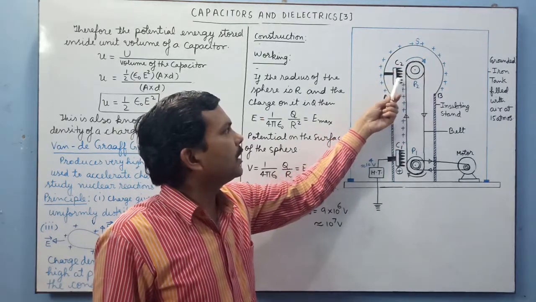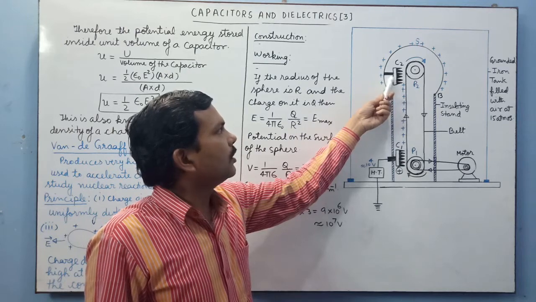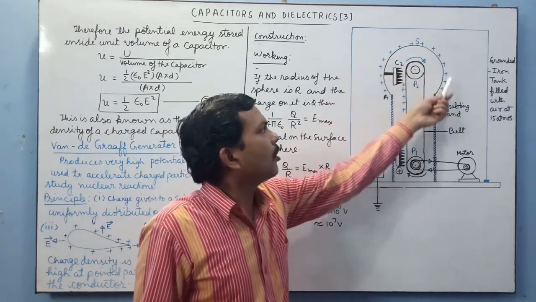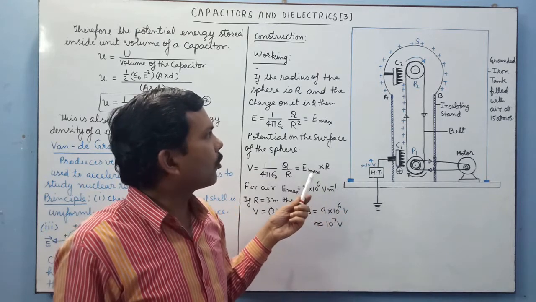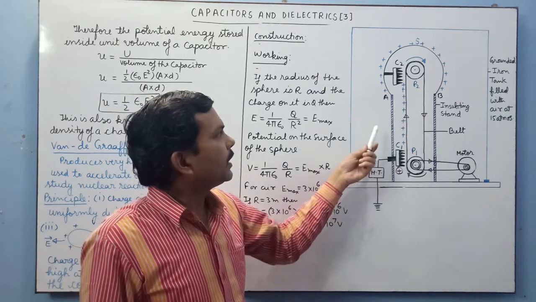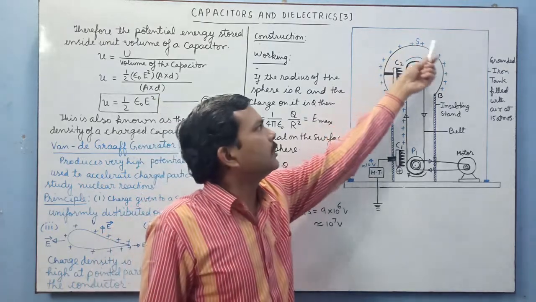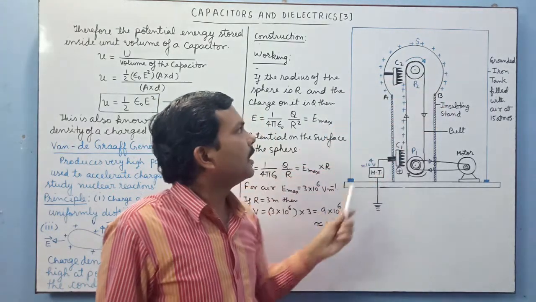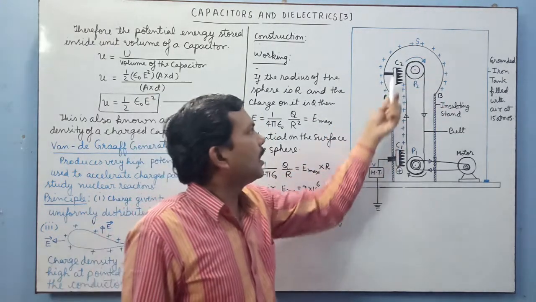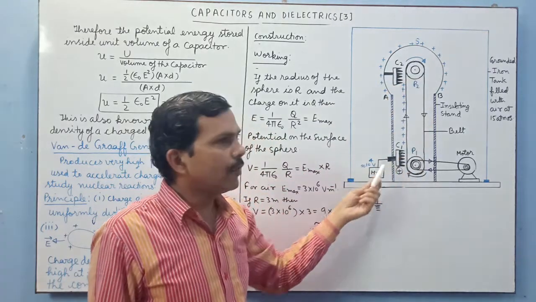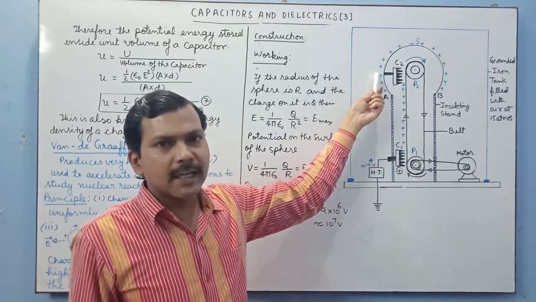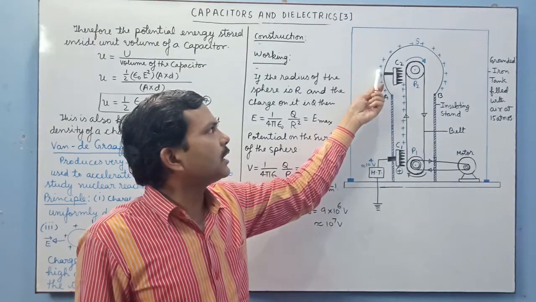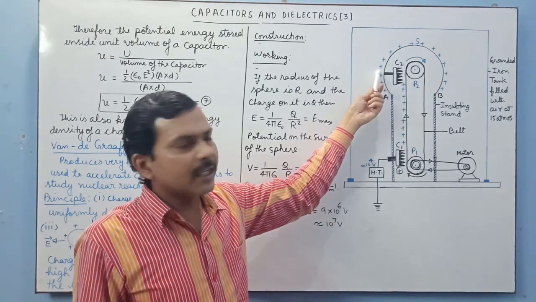From here the charge is transferred to the outer surface of the spherical conductor S by the process of corona discharge. Gradually the charge of the spherical conductor S increases because the belt is continuously moving, and as the charge on the spherical conductor S increases, the electric field on the spherical conductor also increases.